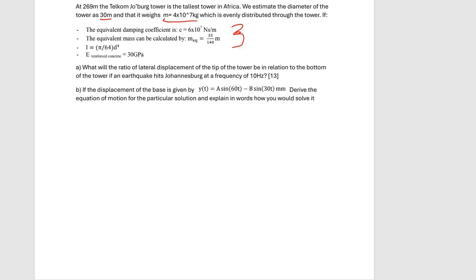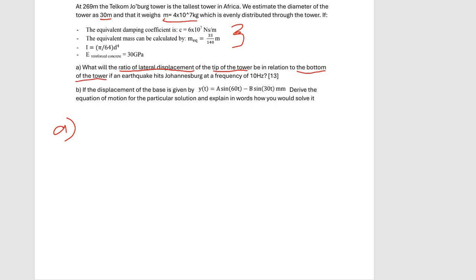So let us look at the first part. In the first part, we need to find the ratio of the lateral displacement. The keywords to identify here are the ratio of the lateral displacement of the tip of the tower and the bottom of the tower.